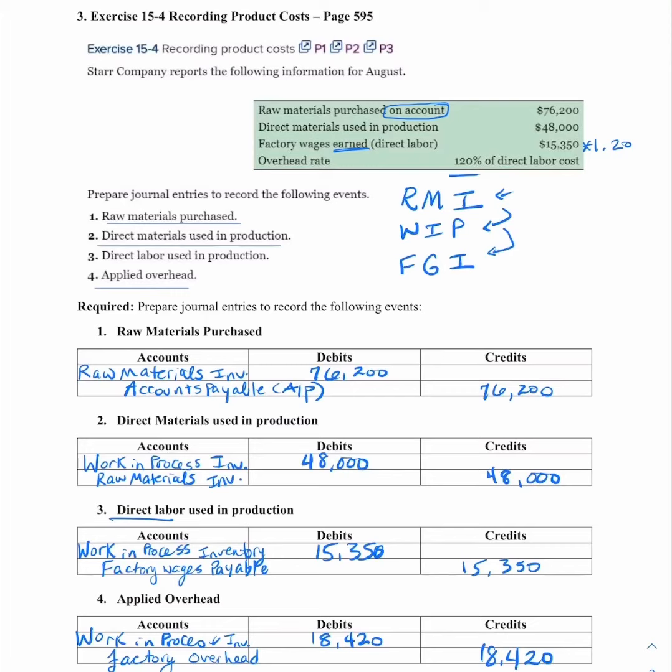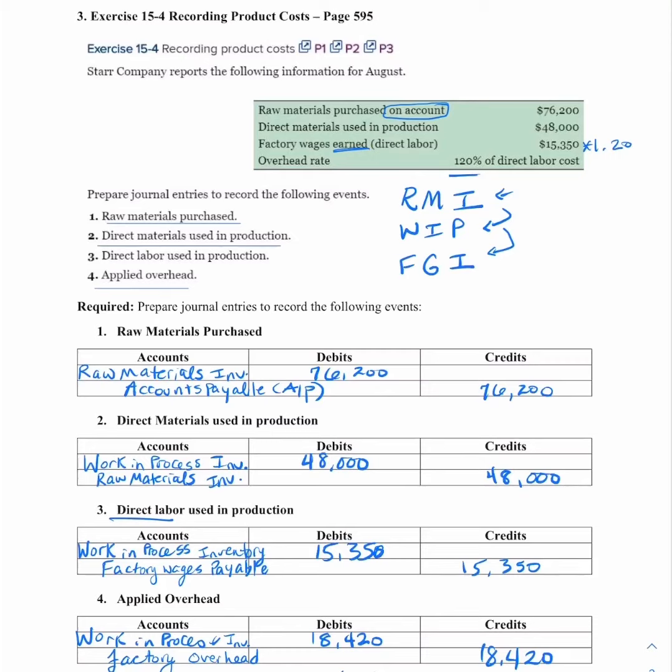Now, one of the rules that we want to talk about very briefly here while we've got this idea of overhead is you can actually imagine a T account for overhead. On the left side, you're going to have your actual, and on the right side, you're going to have applied. This is going to help you tremendously if you memorize this now in Chapter 15 and understand it as we work through the rest of the course, because we're going to be dealing with overhead all semester.